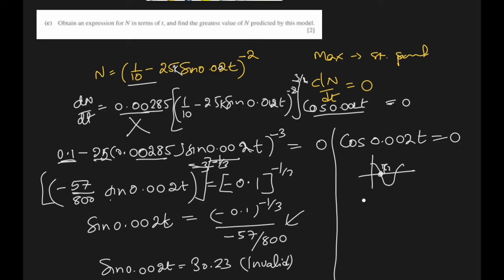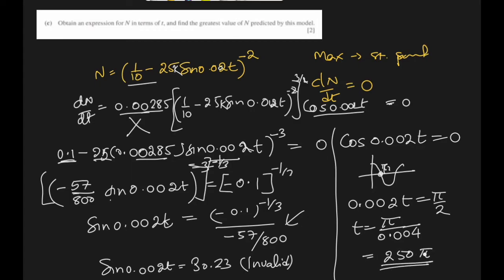That's what we will write here. 0.002t is equal to pi by 2, and t is pi by 0.004, which is 250 pi. This is the time when you have the greatest value.